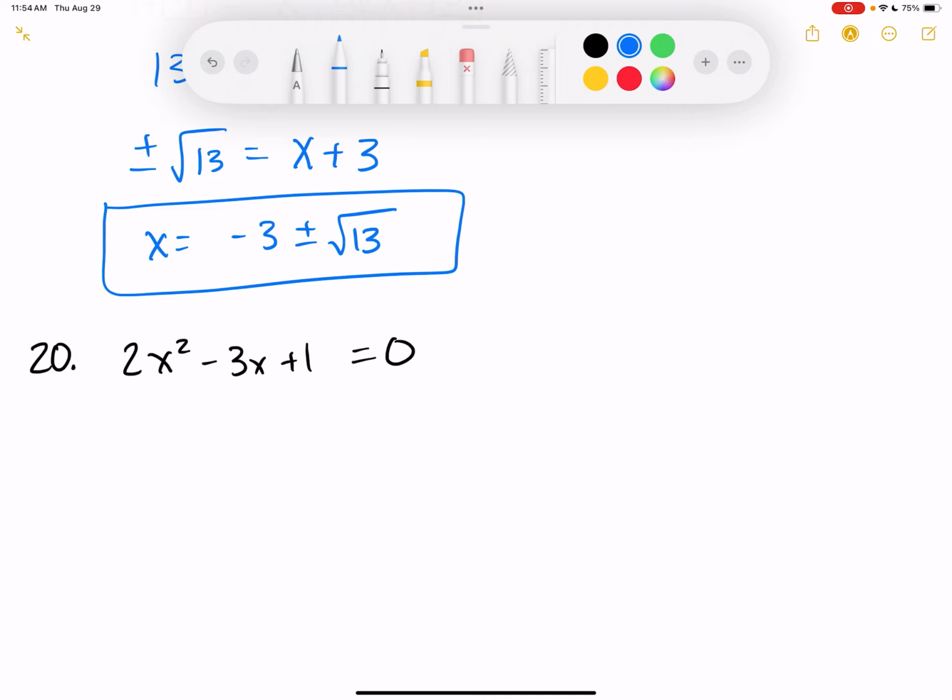Negative b plus or minus the square root of b squared minus 4ac, over 2a. Yep. So you do need to know that formula for your next quiz and also for the test. So if you don't know it, make sure you memorize it.